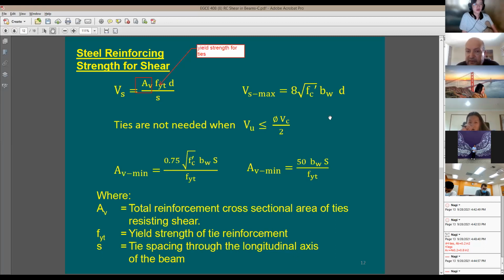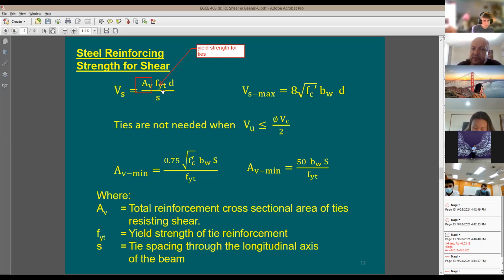Now you got to be careful here. Which units would you use for Fyt? Are we using 60,000 or just 60? Would we be using thousands? You have 2 options here. If you like to use it in PSI, this is fine, but your V_S is going to be in pounds.